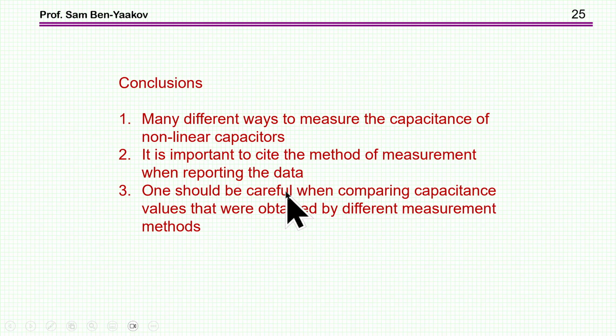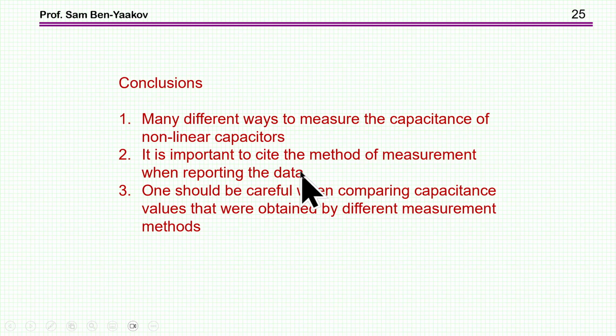So what are the conclusions of this presentation? There are many different ways to measure the capacitance of a nonlinear capacitor. It is important to cite the method of measurement when reporting the data. So it's very important to give all the information, including the excitation, the DC, and the method of measuring the voltage and the current.